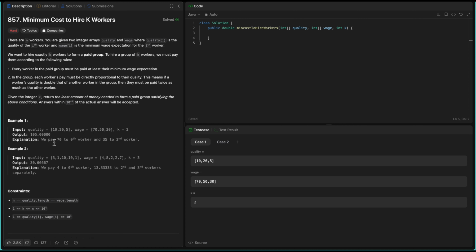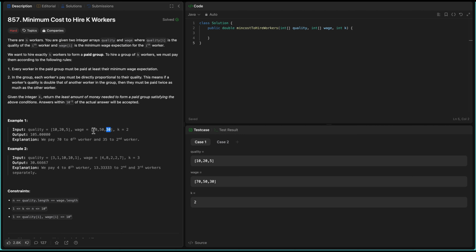So one optimal answer is we pay 70, whatever currency, rupees, euros, or dollars, to worker 0. And then we choose worker number 2, whom we have to pay 35, because even though their wage requirement was 30, the second rule says that we have to pay them proportional to the quality.